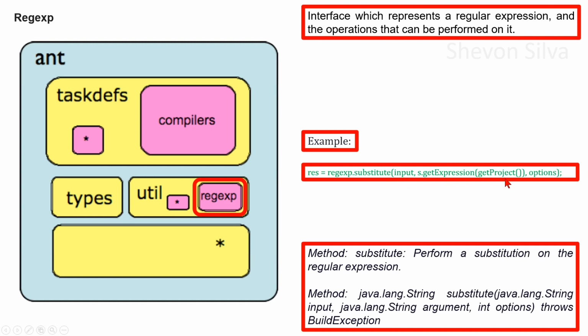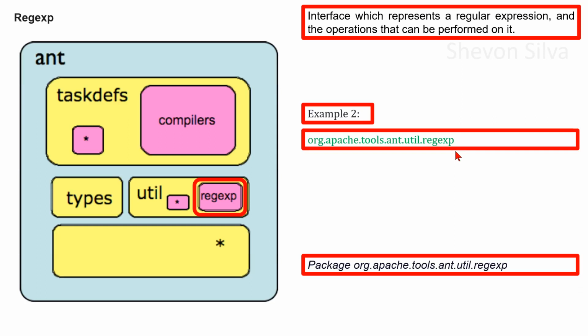Here you can see the argument, a string which defines the substitution, and options, the list of options for the match and replace. And here it will return the result of the operation.